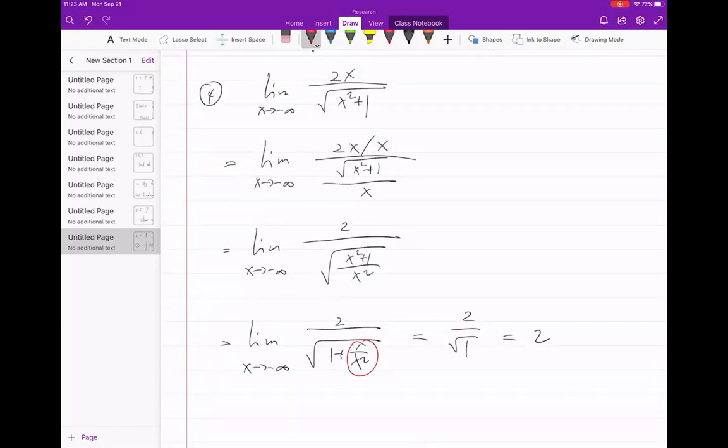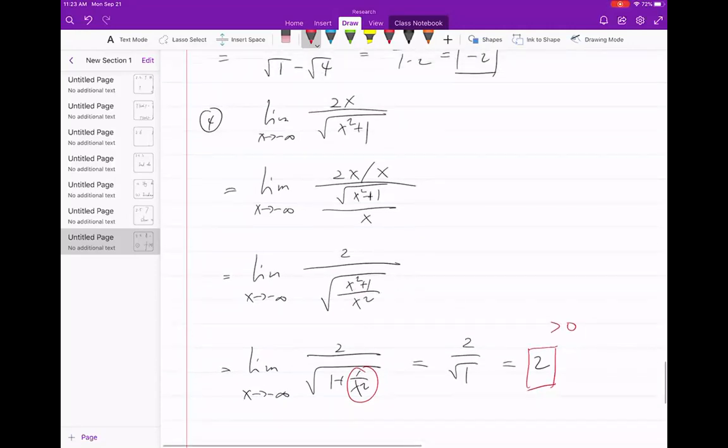Okay. Now here comes the question. This is 2, positive. Let's forget about what the number is. Just by looking at this, is it positive or negative? The bottom, the square root of something, is positive, right? The top is 2 times negative infinity, correct?